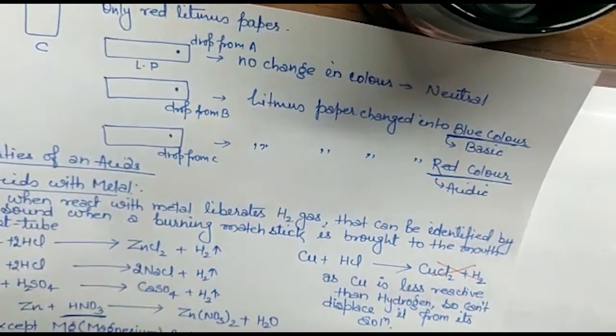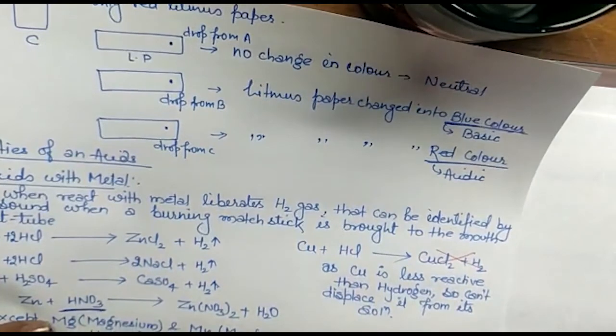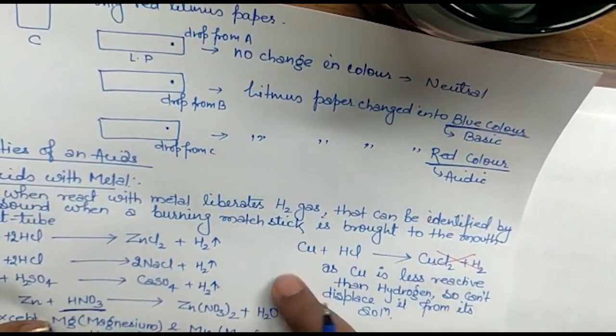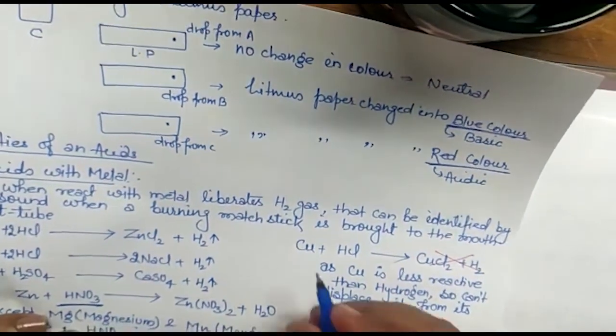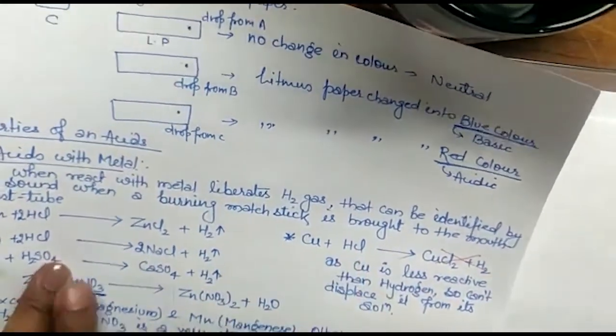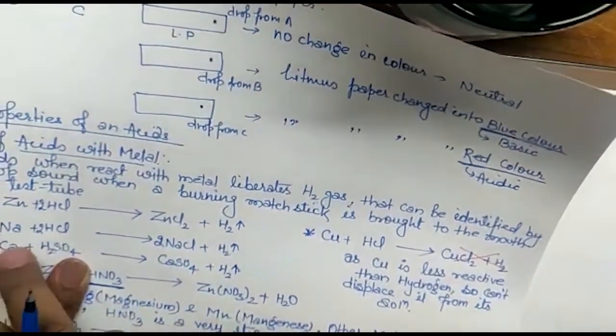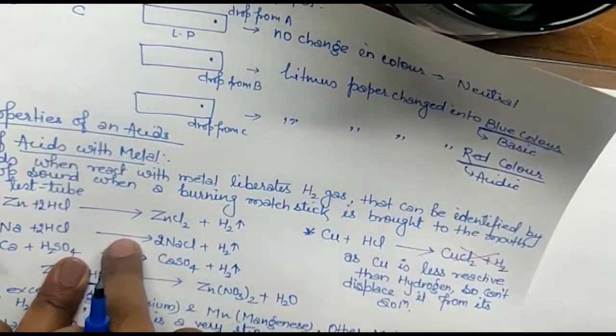If you can recall that, in the previous chapter we have done the reactivity series, and there I have told about that copper is below hydrogen, isn't it? This is another equation. So yes, it will liberate H2 gas, the reaction will occur, but the metal should be more reactive than the hydrogen. Got it?